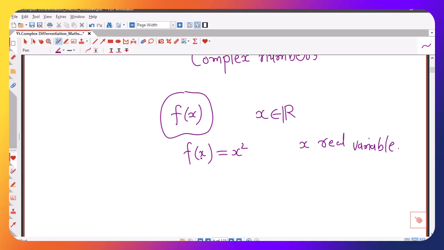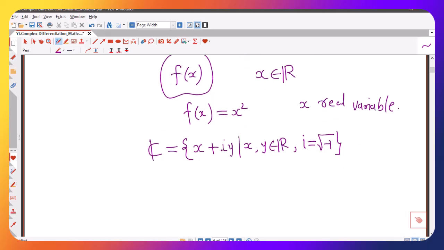And suppose we denote by capital C the set of all complex numbers. We have seen complex numbers, so I denote by capital C the set of all complex numbers. Here x and y are real numbers, and we know that i is the square root of minus 1.